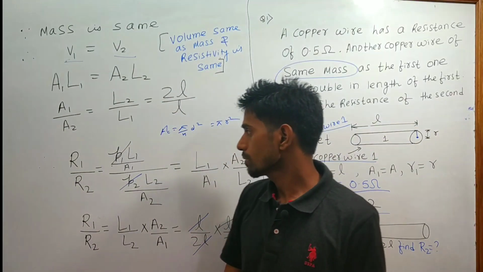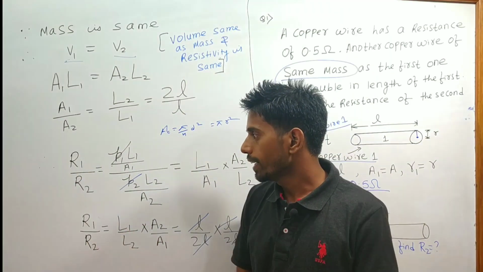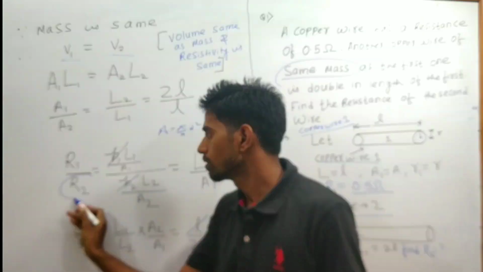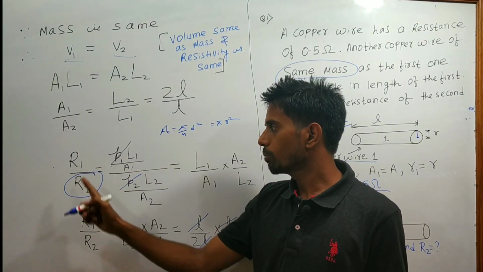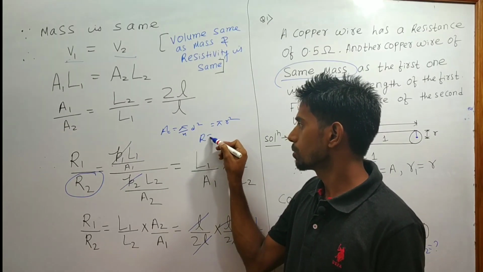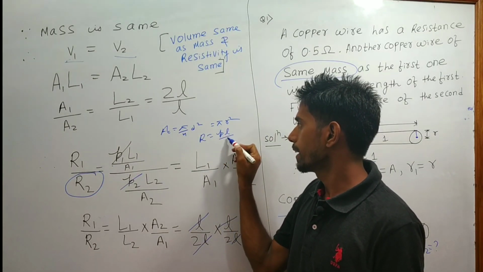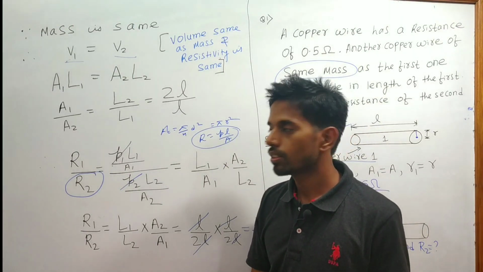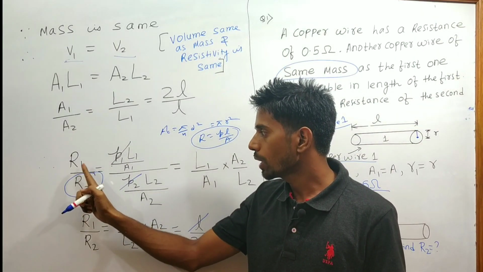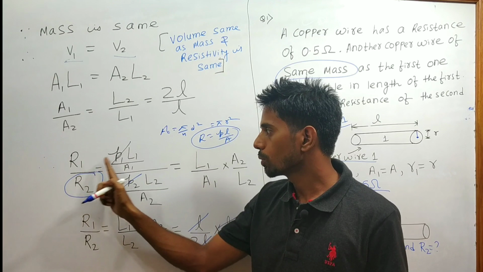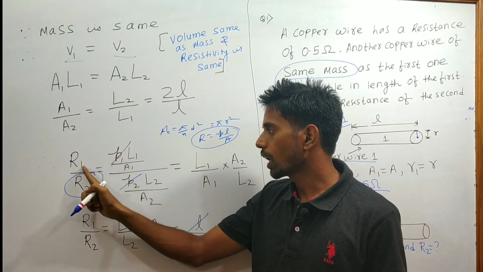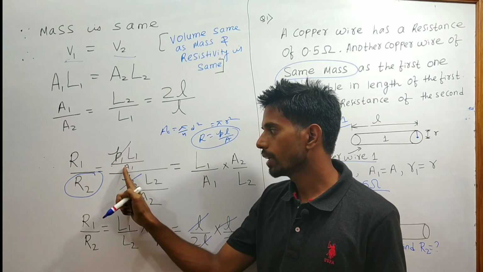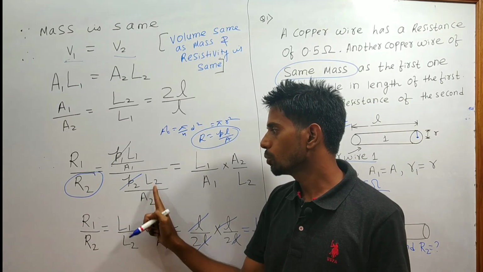Now we have to find the resistance of the second wire. So we know the formula R is equal to rho L by A. This is the main formula for resistance. So we can write R1 upon R2, where R is rho L by A, means R1 is rho 1 L1 by A1, R2 is rho 2 L2 by A2.